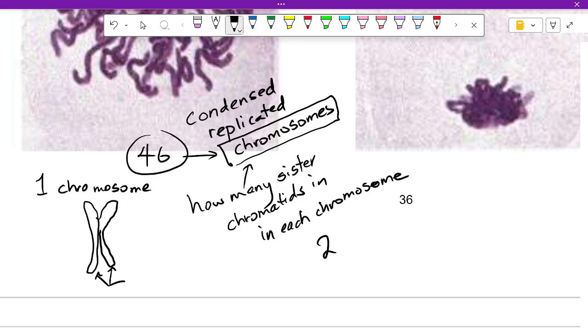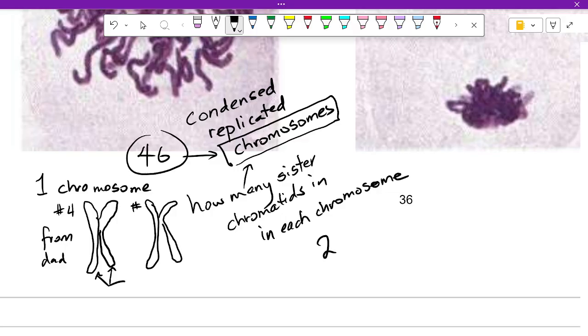Okay, so say this is chromosome number 4, okay? Because each chromosome has a number. There's chromosome number 4 from dad. There is chromosome number 4 from mom.